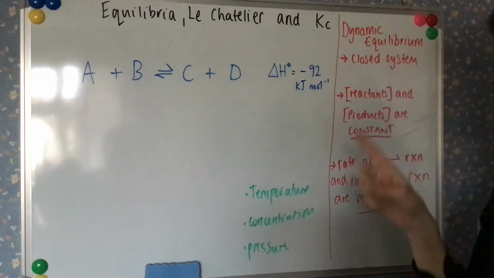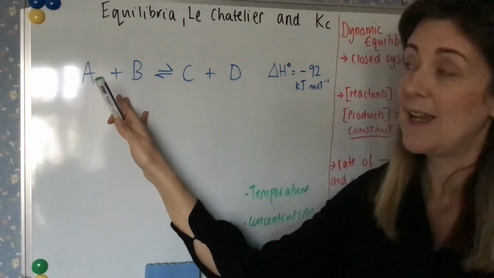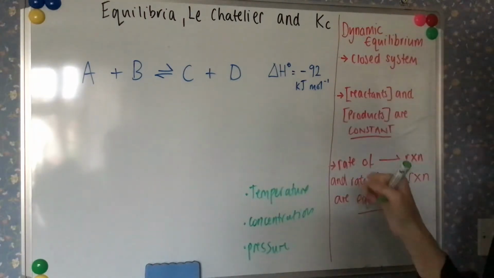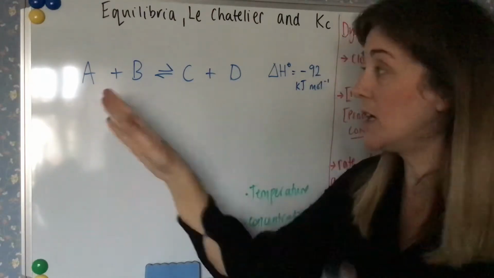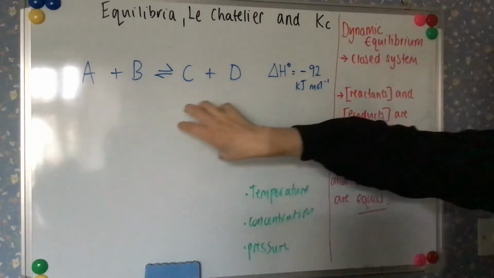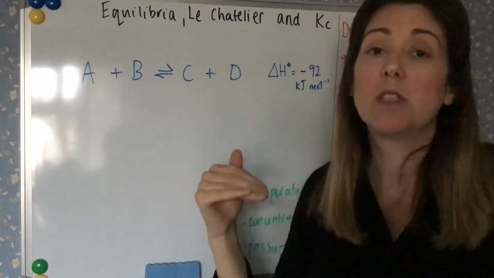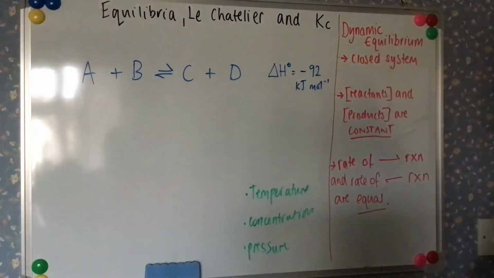And what that means is that the concentrations of the reactants and the concentrations of the products are constant. That doesn't mean they're equal to each other. You could have a really high concentration of reactants and a really low concentration of products. So long as those concentrations don't change anymore, you're then in a position of dynamic equilibrium.